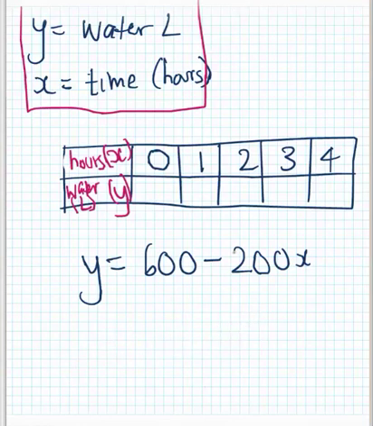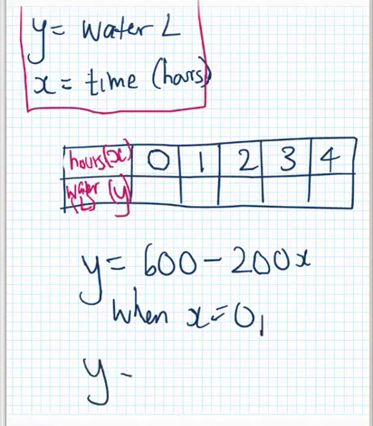Okay, so now all we're going to do is, remember, if x is 0, what is y? We know if 0 hours have passed, how much water is in the tank? There will be 600 litres. You can work that out without using your equation. But to use our equation, we say when x is 0, 0 hours, we will have y equals 600 minus 200 times 0, which is just 0.